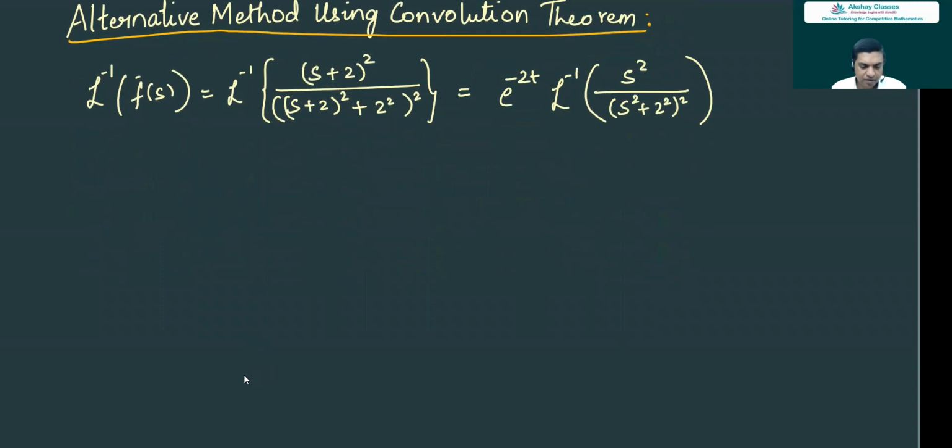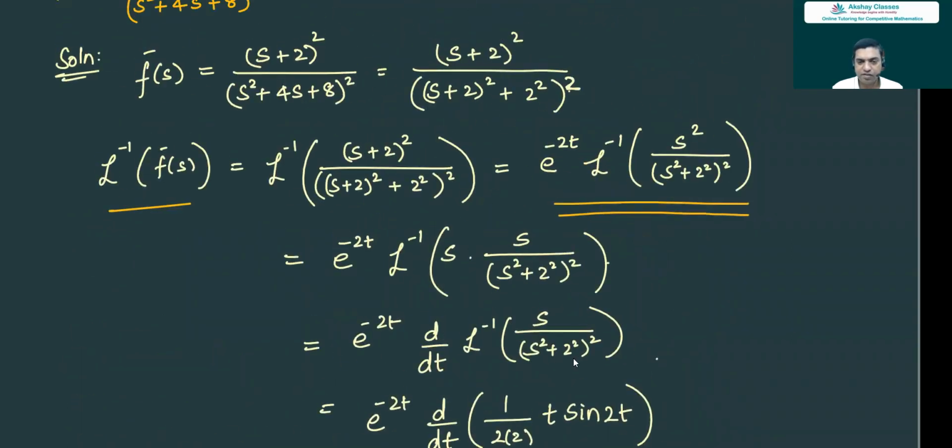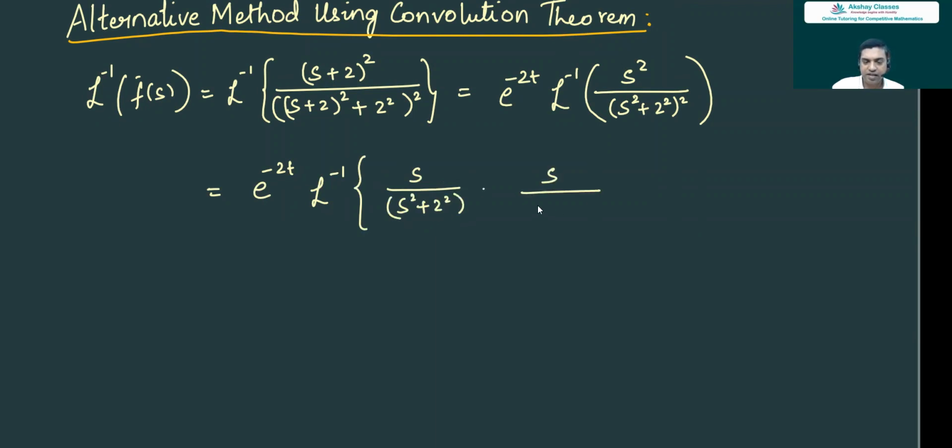Okay. Now here we had split into s by s square plus 2 square, and then we did the differentiation here like this, derivative of this, and applied the result. Now here we can use convolution theorem. I will write this as e power minus 2t. Now this is Laplace inverse of s by s square plus 2 square into s by s square plus 2 square.